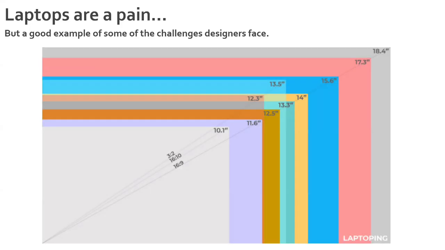So what you are seeing here are some of the most common laptop aspect ratios and screen sizes available in the market today. 16 by 10, 16 by 9, 13.3 inches, 13.5 inches, right?